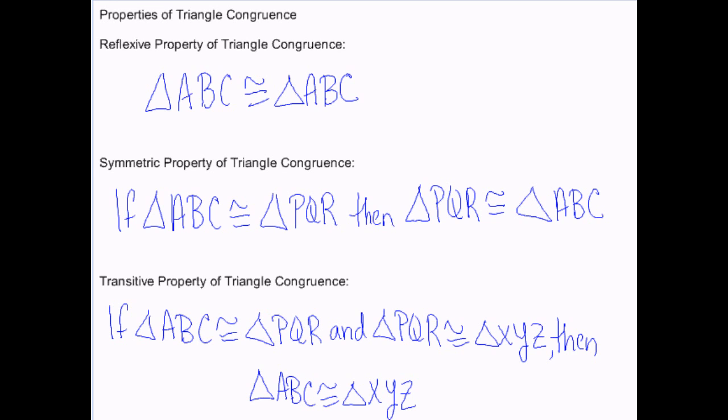And then transitive property, if you remember, we have that middle guy situation that matches the and thing. If you take that out, you get the ends smashed together. So we take PQR out and we get ABC is congruent to XYZ. So same as before, just with triangles instead of angles or segments, or, you know, numbers.